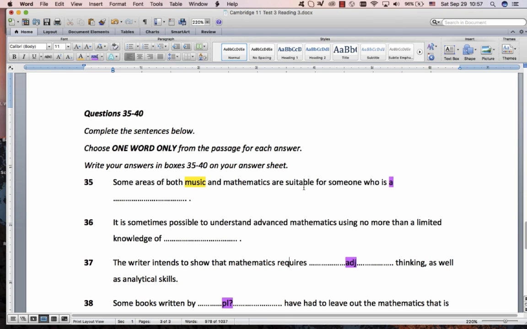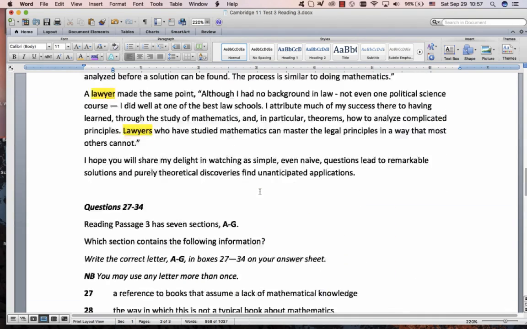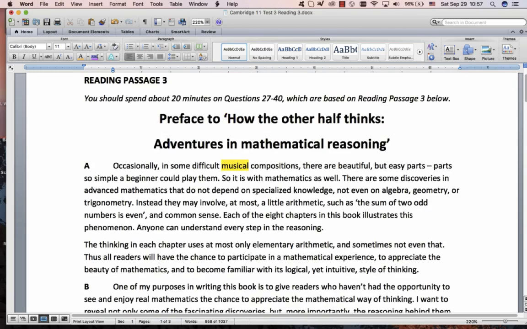"Some areas of music and mathematics are suitable for someone who is a..." Areas are suitable for someone who is a something. Alright, so the main thing here is that you're looking for a single countable noun that can be used to describe people, a person. And, well, look, I don't even want to say too much, because where are the single countable nouns in this paragraph?